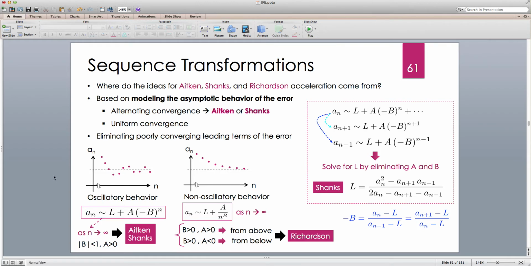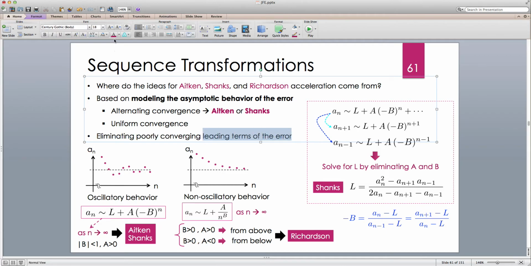What this transformation does is it removes the b to the n, and the result of this transformation has a term of b to the n plus 1. So what we are doing is eliminating poorly converging leading terms of the error.